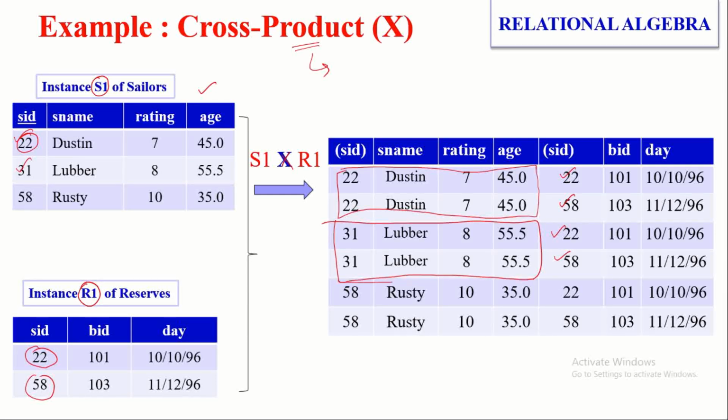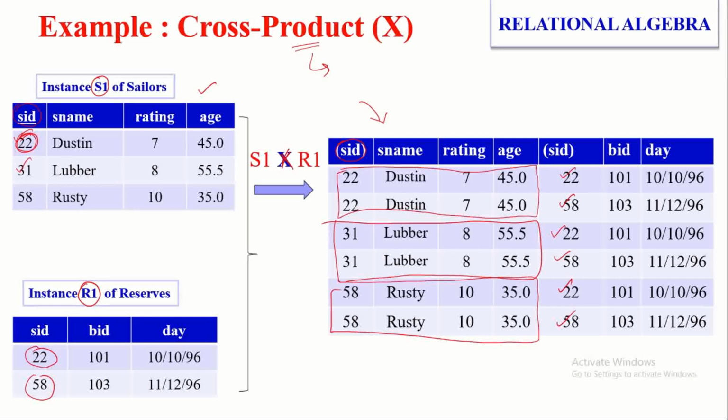Okay, so let us take the third tuple in the first input table and combine it with every tuple in the second input table. Okay, like this the cross product operator combines every tuple in the first input table with every tuple in the second input table. And you can notice the output tuple contains the SID field.